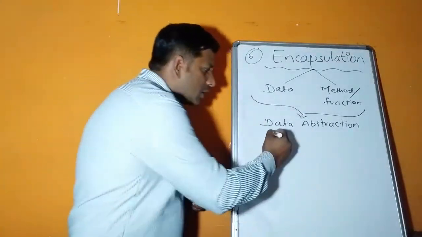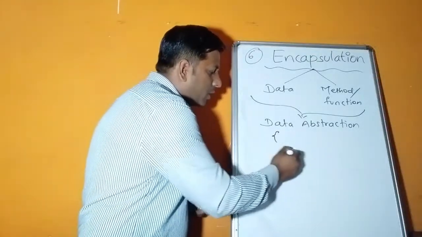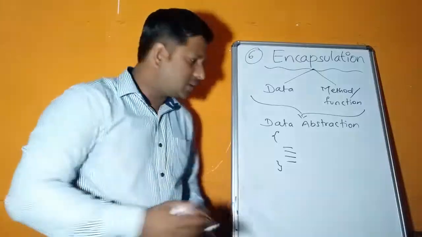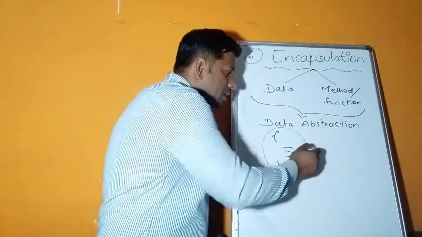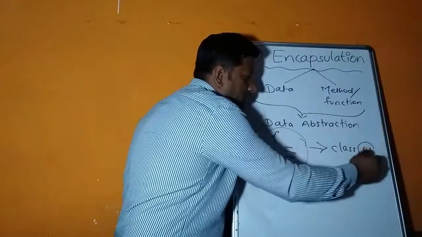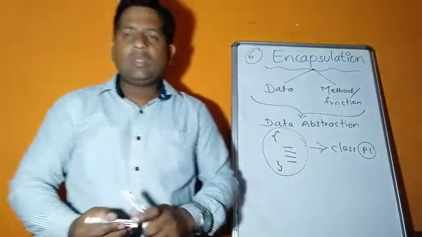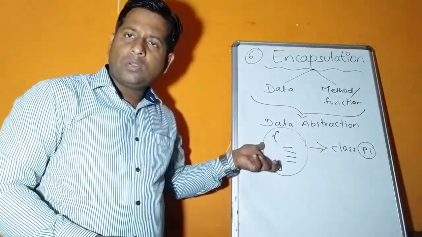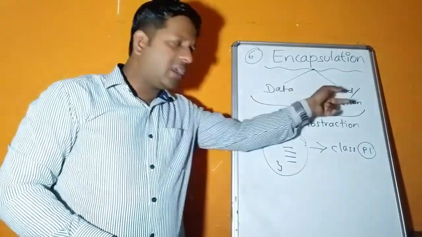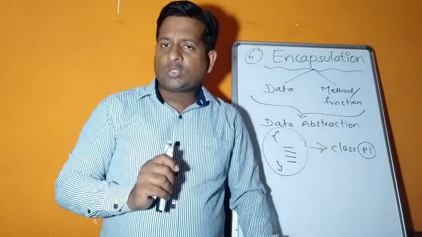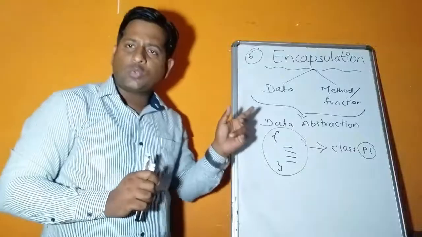That's why we use curly brackets and we write the piece of code over here, so that this entire part is given a name as class P1. That means this class is used to encapsulate, group together the data and methods or functions. So understood children, what exactly is encapsulation?